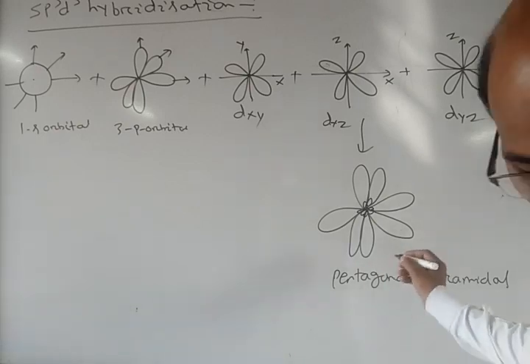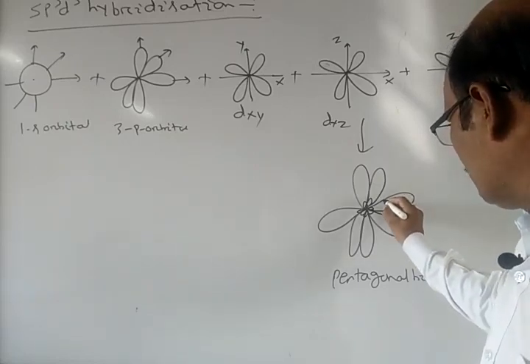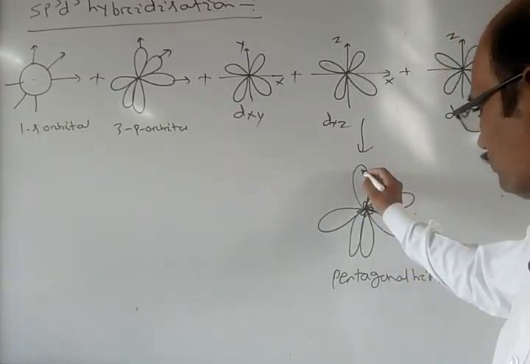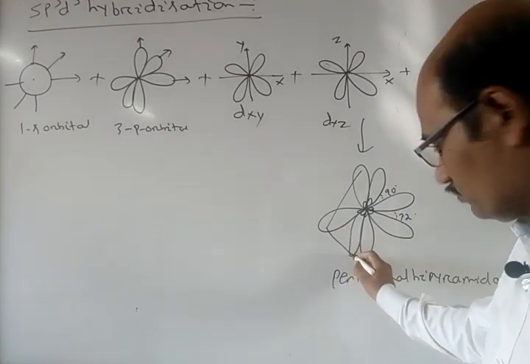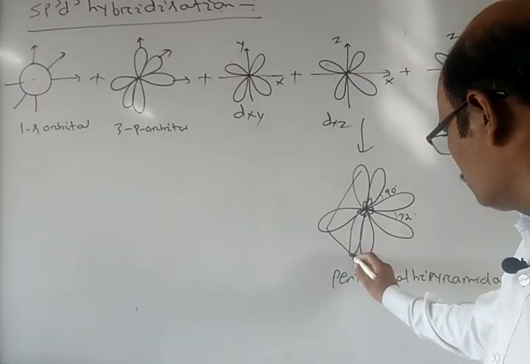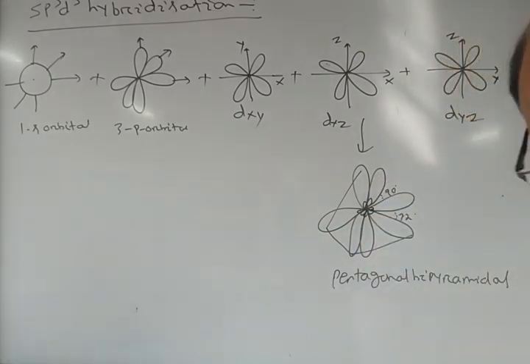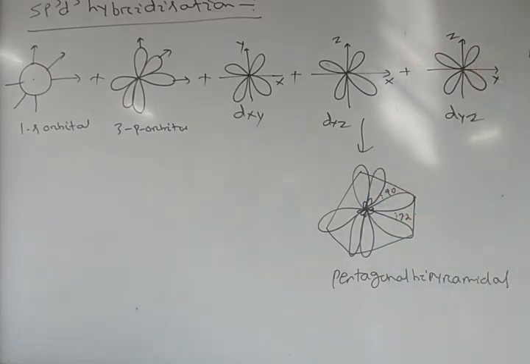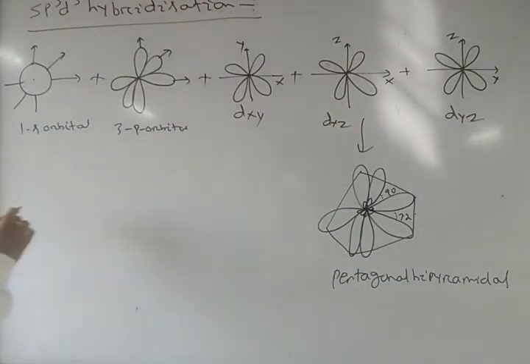This is the 72 and this is the 90 degree. So it is a pentagonal bipyramidal manner having 7 sp3d3 hybrid orbitals.